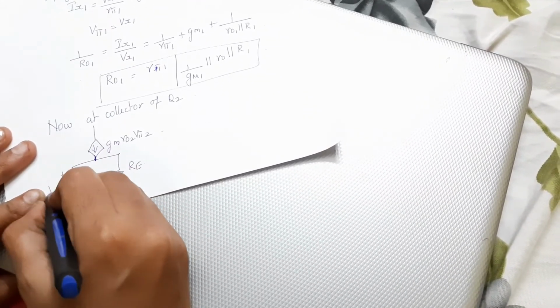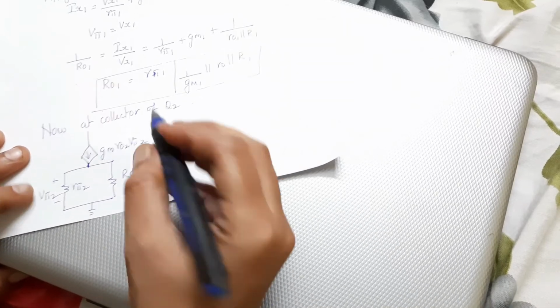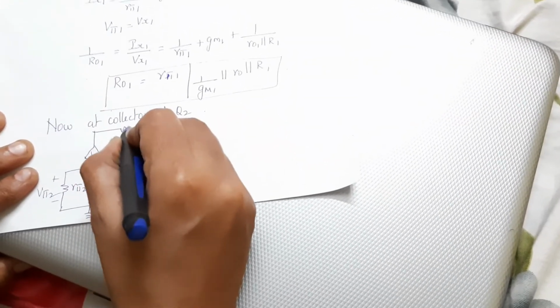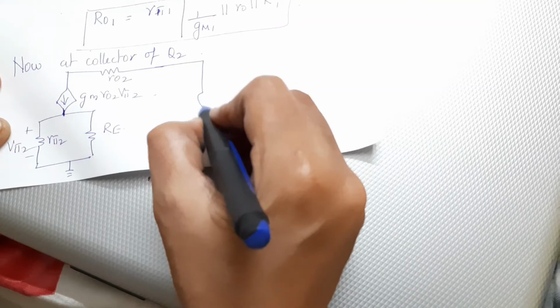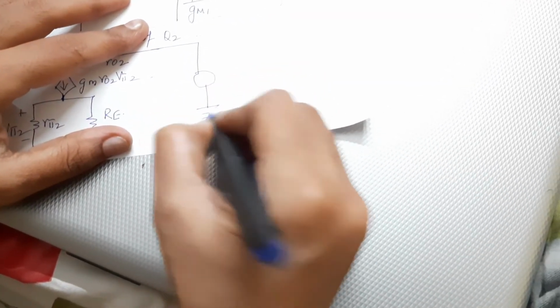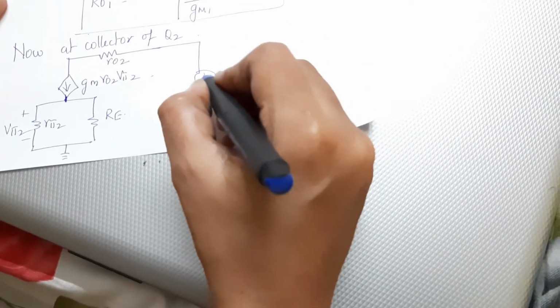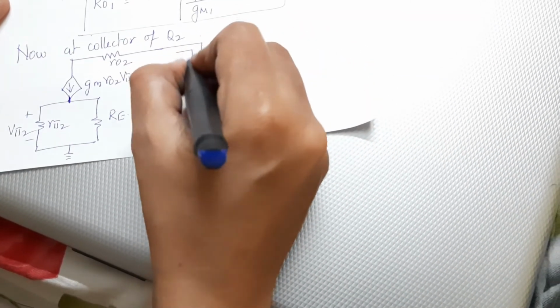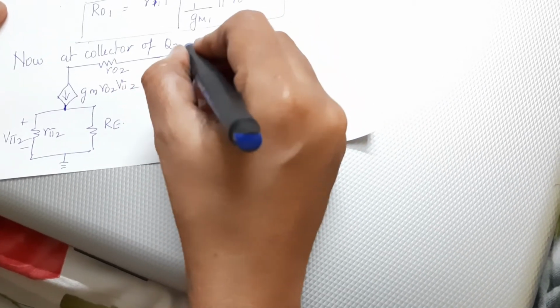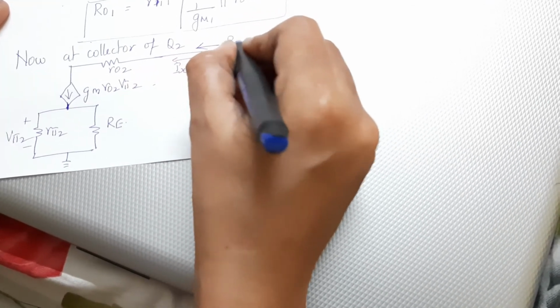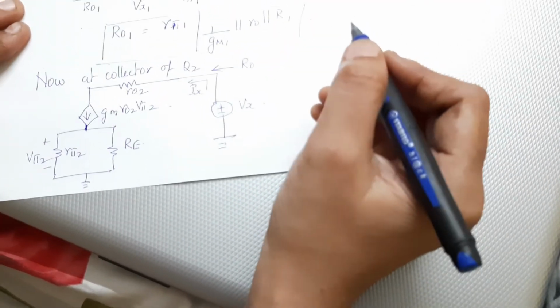So across Rπ2 my voltage is Vπ2, and here we have the R02 resistor, and this is my voltage source Vx, and here is the Ix. Seeing from here only, we are going to calculate what is my output resistance.